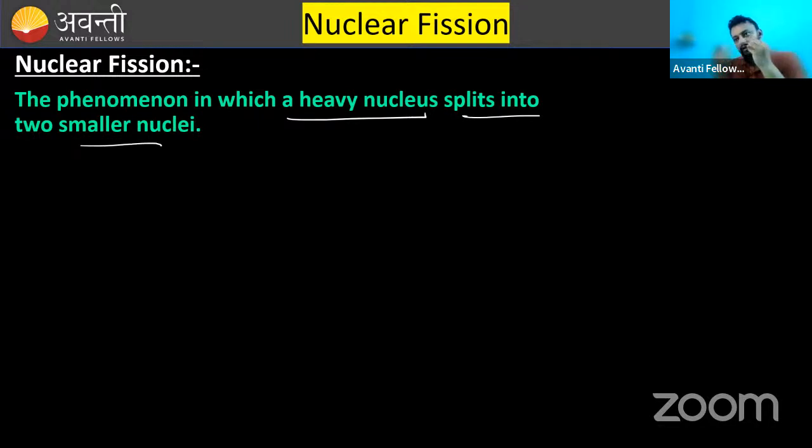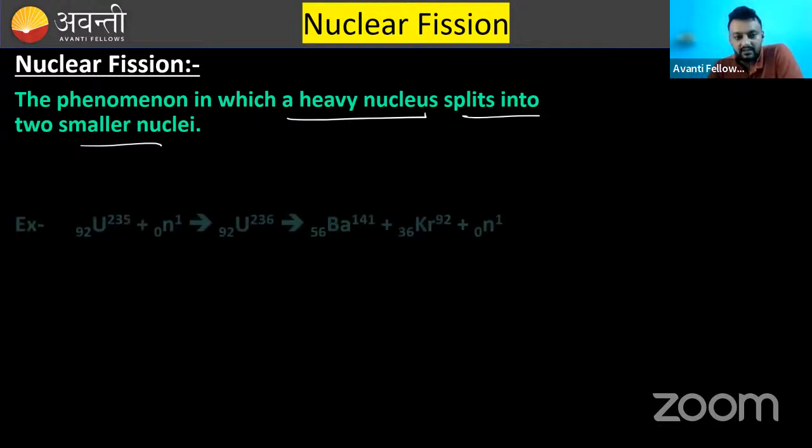Then the two nuclei are more stable as compared to the parent nucleus, and in the process some energy is released, because a loosely bound nucleus is converted into a tightly bound nucleus.